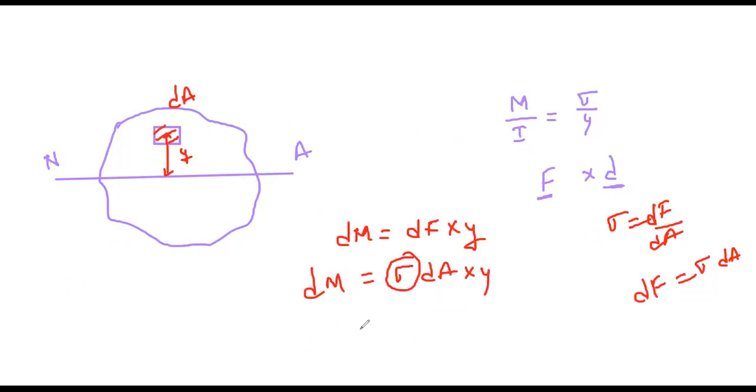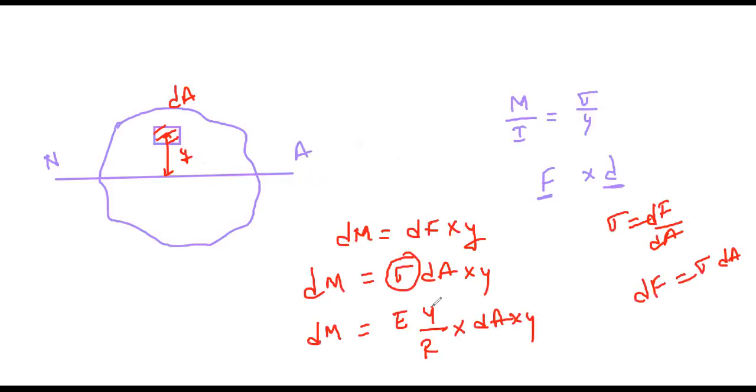So dM is equal to sigma, which is E into y by R, into dA into y. Now I need to integrate throughout this area, then I can get the moment of this entire area.